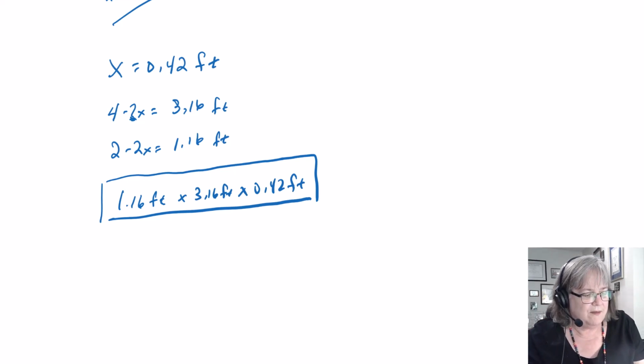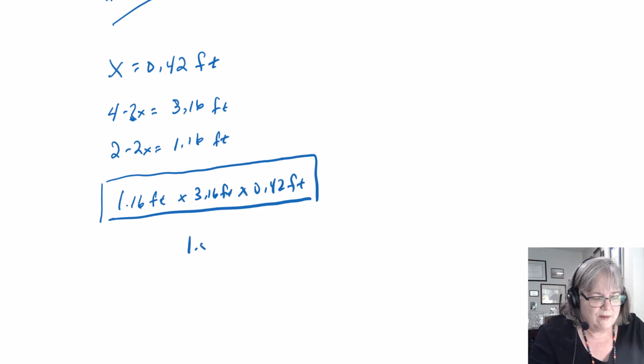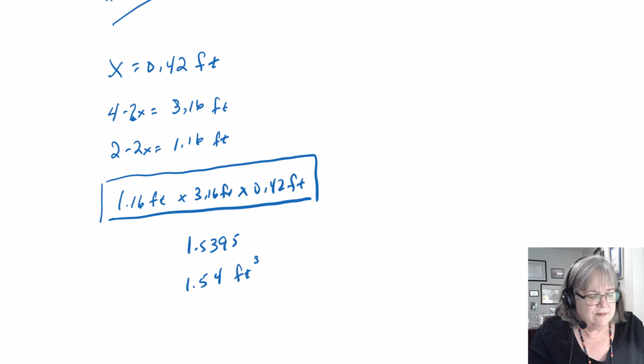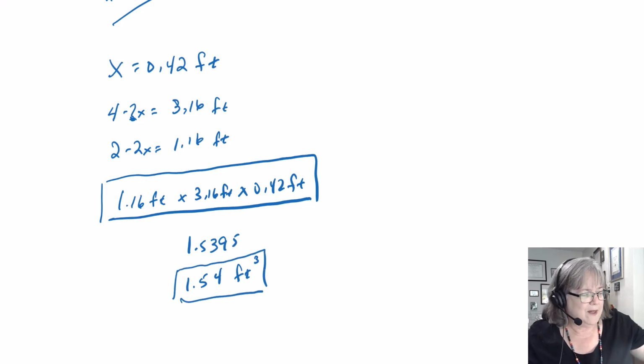And that would be 1.5395 or 1.54 cubic feet. Yeah, I had to double check that. That's what I typed in. Not a very big box, but we lost a lot when we cut those edges off.